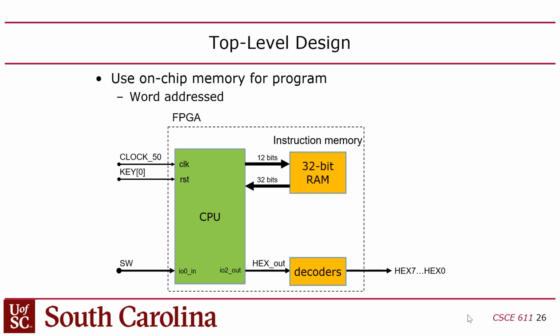We don't want you to have to rewrite anything, so you leave those in there. And then you put your CPU inside of top, and the CPU will have a 32-bit output, which we call GPIO out or hex out or whatever you call it. That 32-bit output will feed into the 7-segment decoders, which will then go out to the 7-segment displays. So basically your top will contain your CPU and your 7-segment decoders.